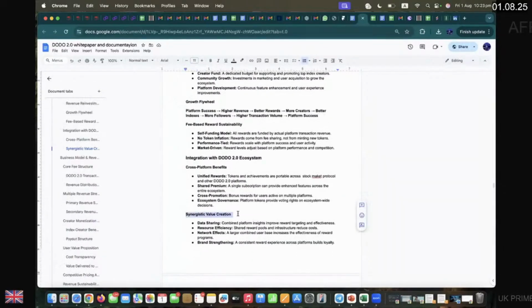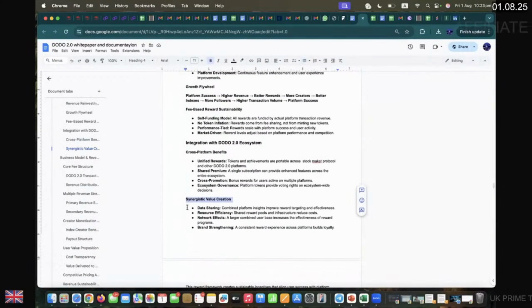Synergetic value creation: data sharing and combined platform insights improve reward targeting and effectiveness. Just like you go and sign up or sign in into any cross platform app where there are multiple platforms, there is a diversified portfolio.